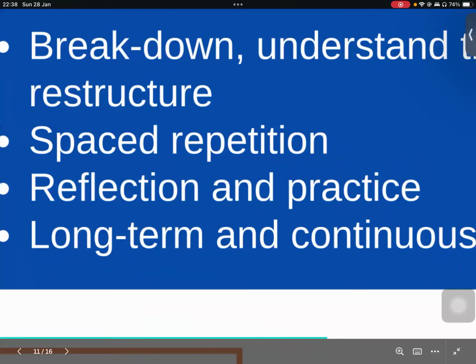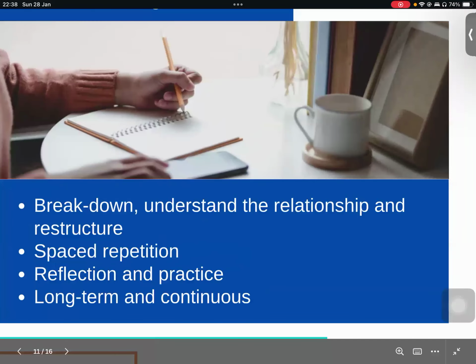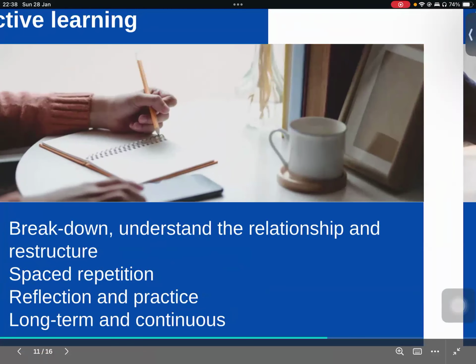Spaced repetition is a practice where you remind yourself after an interval. Like you read something about the human relations approach in Freshman. That is a part of FI1.